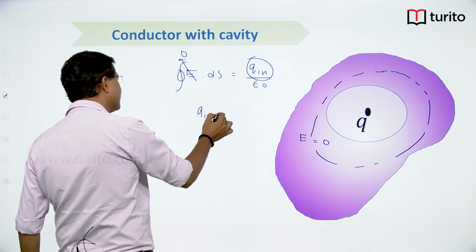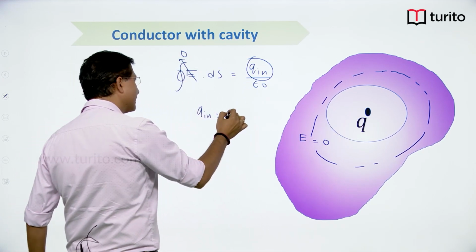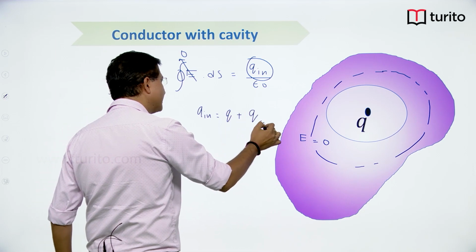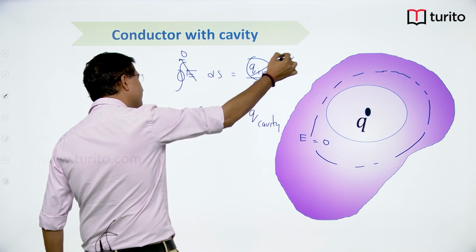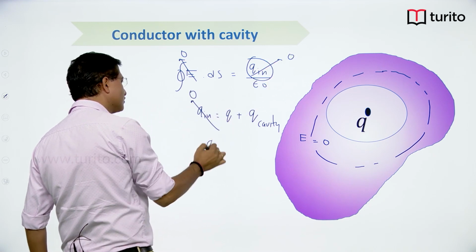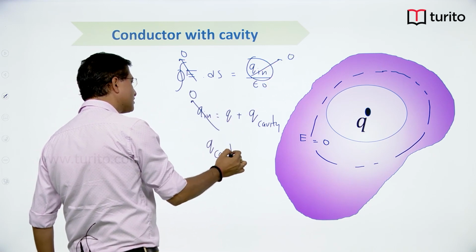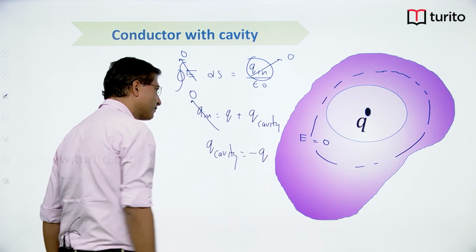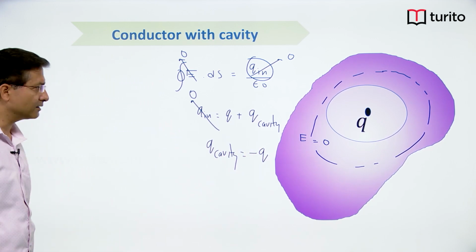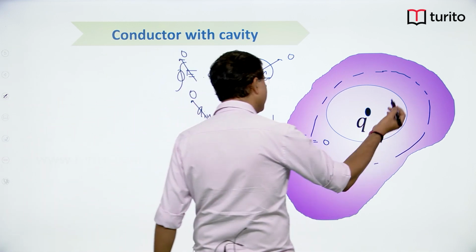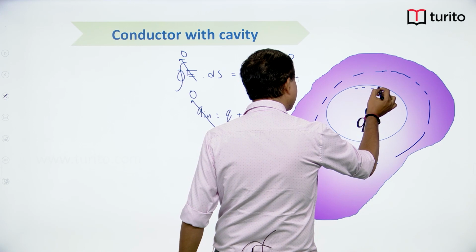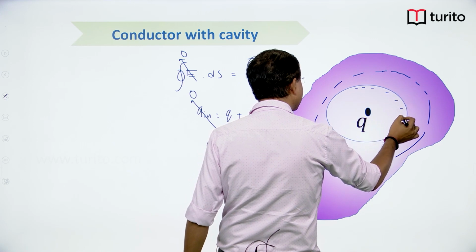So q in is 0, that means this charge and the charge appearing on the surface of the cavity must cancel each other to get this value 0. To get this value 0, the charge on the surface of the cavity must be minus q, same logic we have just seen, right. So charge appearing here will be something like this, minus minus this way, right.